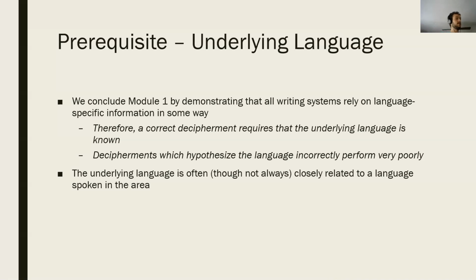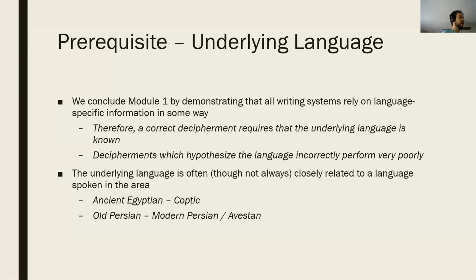The underlying language is often, but not always, closely related to the language spoken in the area. We found that the decipherment of ancient Egyptian was helped by the fact that it is similar to the Coptic language spoken today, that Old Persian is similar to the Avestan language, and so on. So knowing the underlying language is very important because of how closely linked the language is to its writing system.